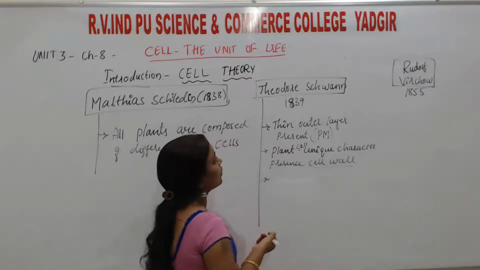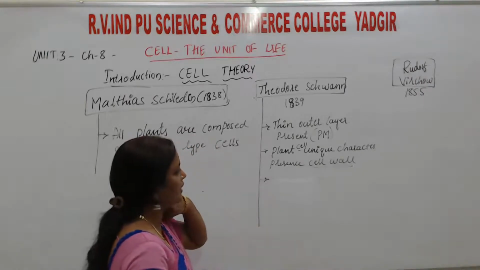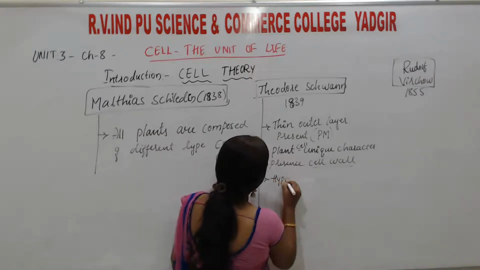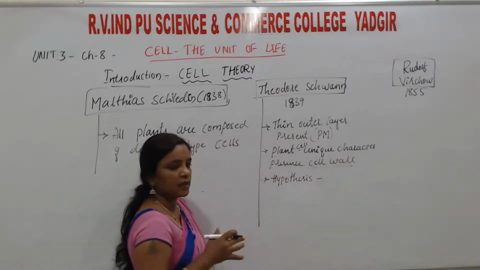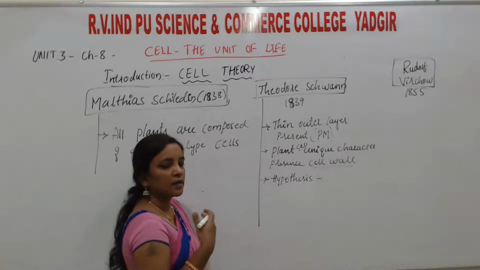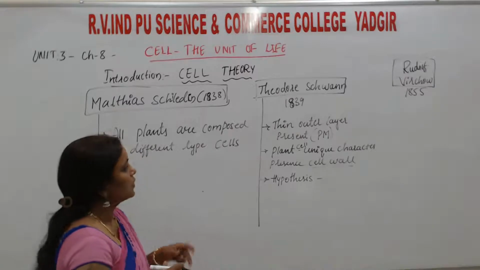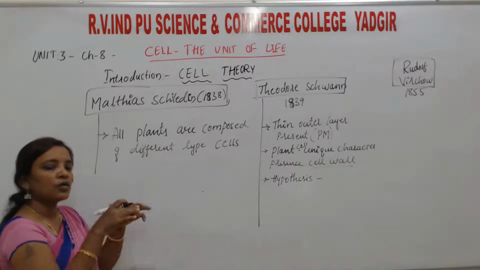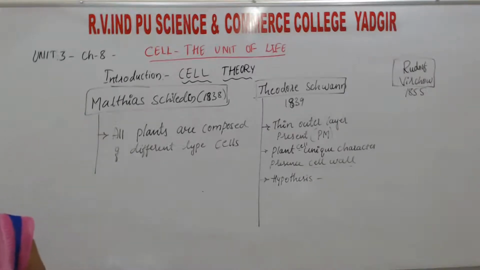And again, what is Theodor Schwann telling in 1839? He has put forward a hypothesis. What is that hypothesis? The body consists of cells, and inside the cell some product is also present. So he is telling that not only is a thin outer covering there, but the plant cell also has a unique character, the cell wall.